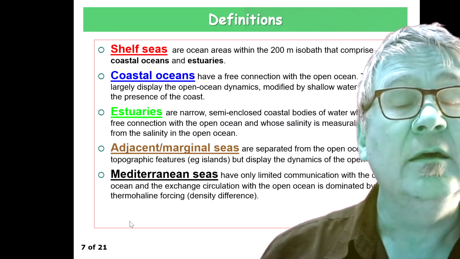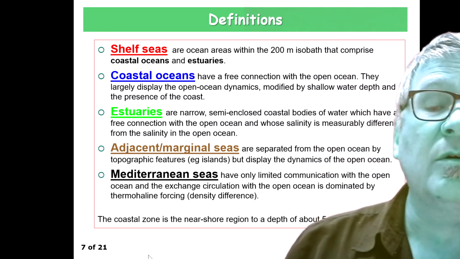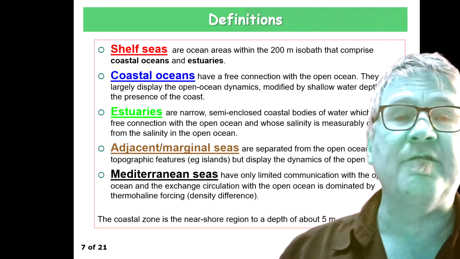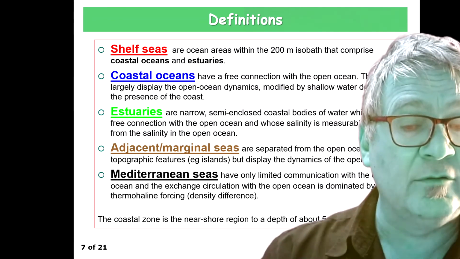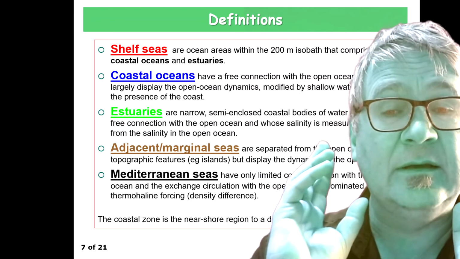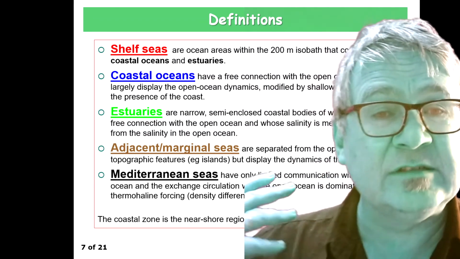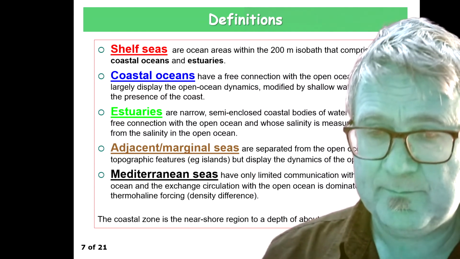Finally, something we are not going to talk about much is the coastal zone, which is really only a nearshore zone to a depth of 5 meters. You have coastal zones as part of the coastal ocean, just the nearshore water, and also as part of estuaries.